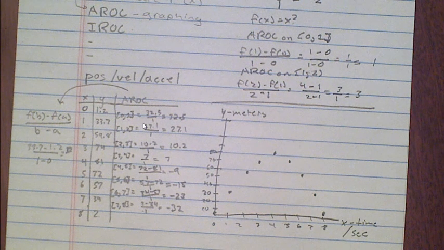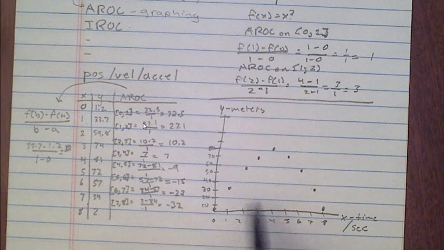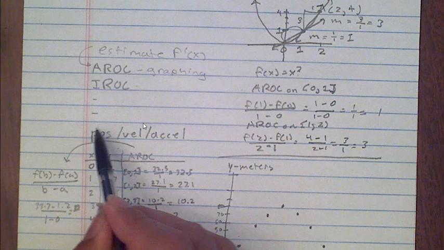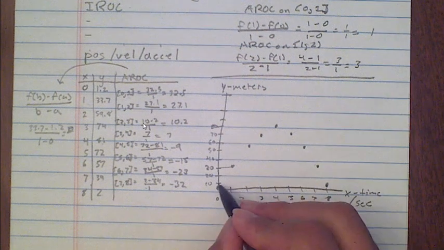Alright, so I want you to see this in a couple different ways, okay, guys? So there's our position, our distance-time graph. I want you to think about what this slope really is, and this is one of the things we're learning. We're talking about position, velocity, acceleration, okay? Take a look at this rise over run and label it.